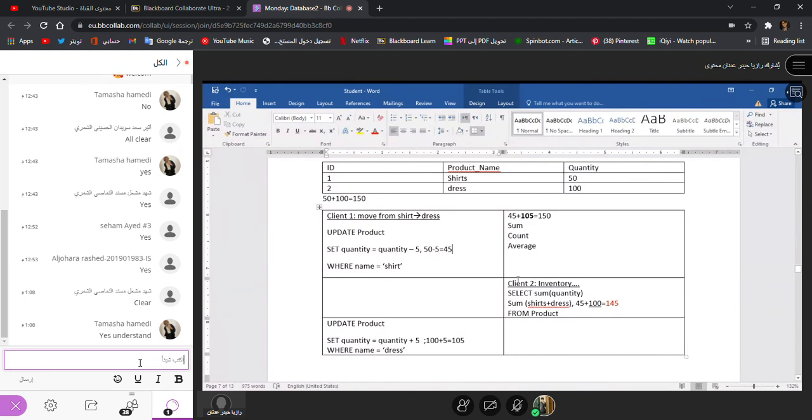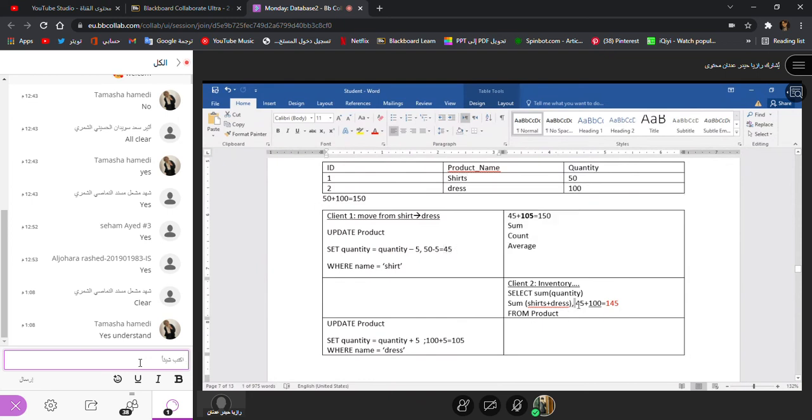But it was not finished yet, and it came here. And it says select sum quantity. Sum quantity means this all sum. So we take shirt plus dresses quantity. But for the shirts, we have already updated here 45, right?